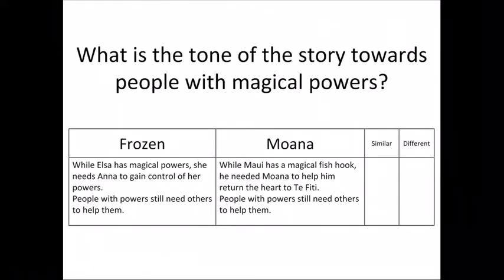In Moana, while Maui has a magical fish hook, he needed Moana to help him return the heart to Te Fiti. I believe that the tone of the story towards people with magical powers is that people with powers still need others to help them. Maui needed Moana to help him gain control of his power again, especially when they had to go find his hook from the very, very fancy crab.